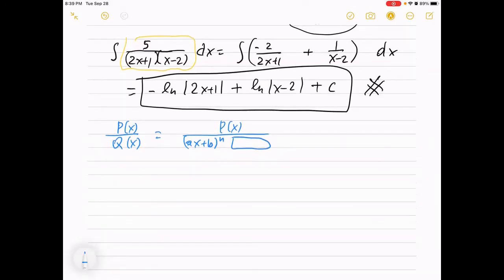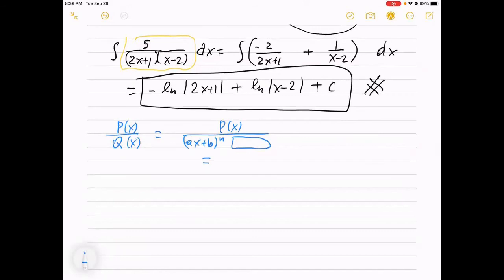Then the corresponding fractional decomposition is going to look like A1 over ax plus b plus A2 over ax plus b squared and so on, plus Aq over ax plus b to the q, plus fractional decomposition which will correspond to the remaining stuff.